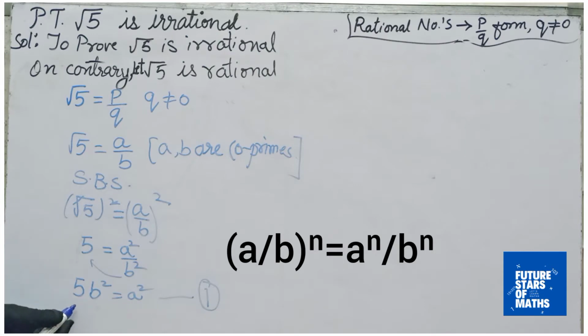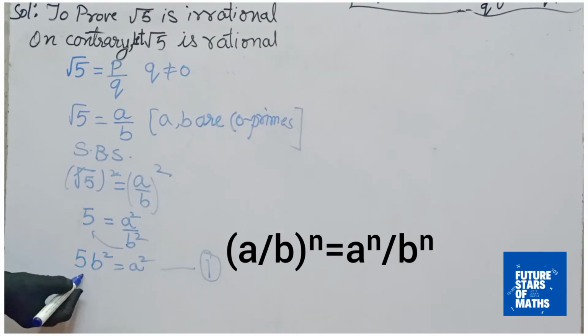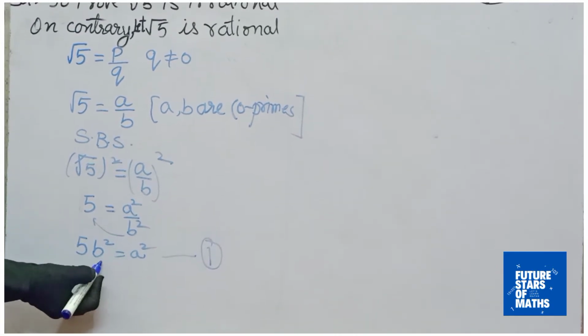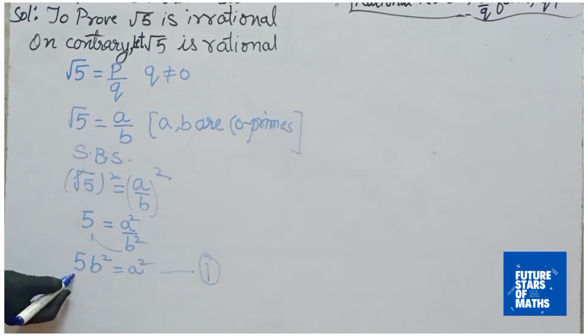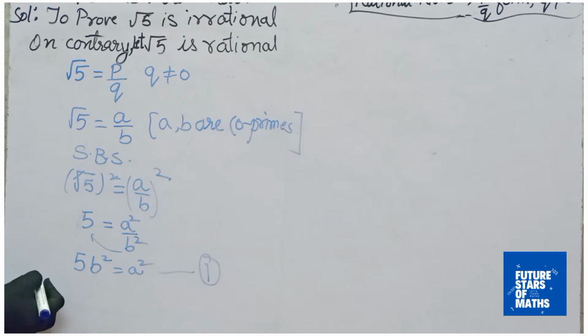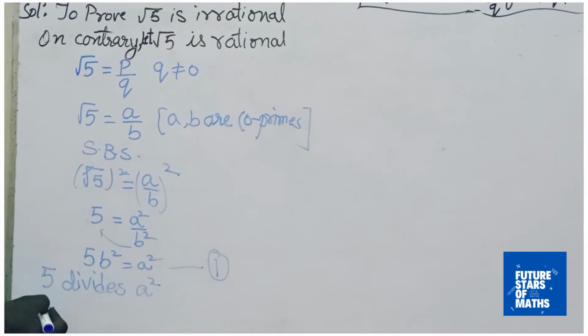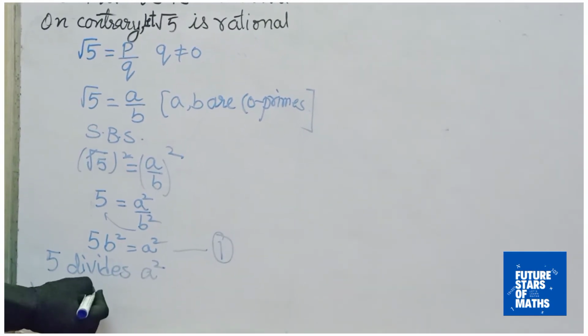Okay. Now further, by seeing this equation, we can say that 5 divides a square. So I'll write this as a statement: 5 divides a square. So by the theorem we can say that if 5 divides a square, then 5 divides a.